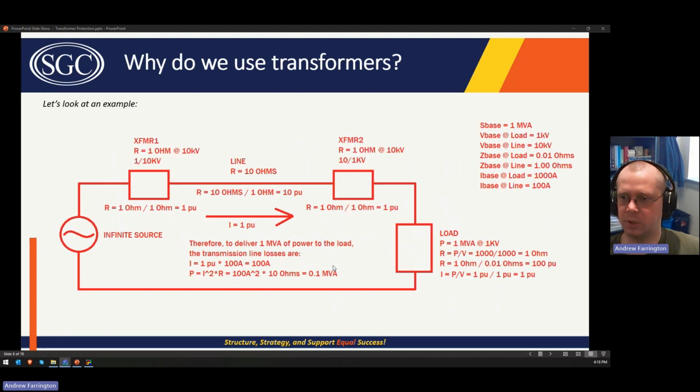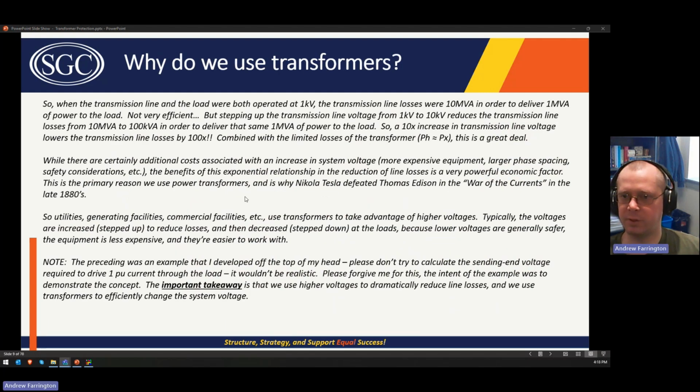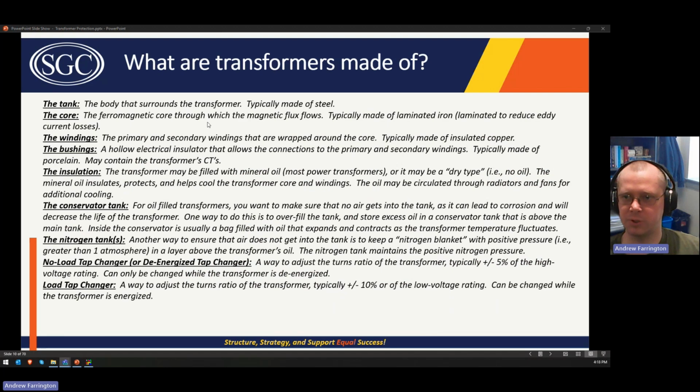We'll talk about two winding, three phase transformers and what the core looks like. They're a little bit different. The core is usually made of laminated iron, and the iron is laminated to reduce the amount of eddy current losses. The windings, the primary and secondary windings, are wrapped around the core, and they're typically made of insulated copper.